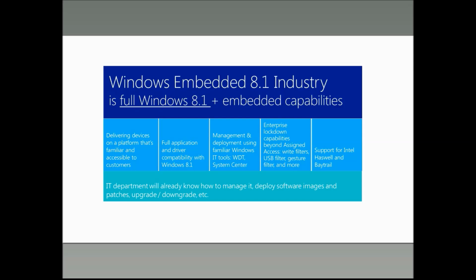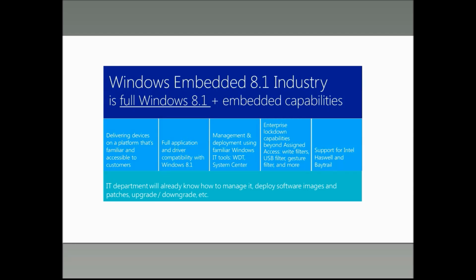We also leverage a lot of third-party support, right? If a security third-party vendor or a silicon vendor like Intel supports a major Windows, it automatically cascades into Windows Embedded. Integration with the enterprise is much easier as well.